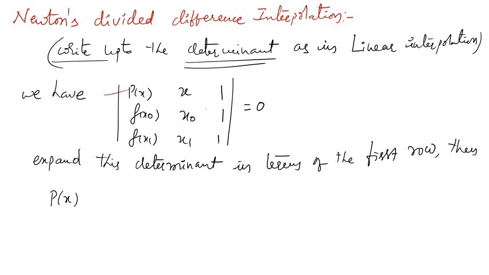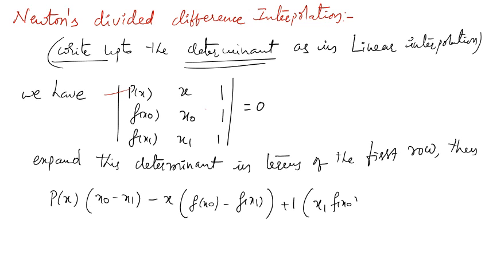P of x into x0 minus x1, minus x into f of x0 minus f of x1, plus 1 into x1 into f of x0 minus x0 into f of x1 equal to 0. The next step is to write this expression for P of x. P of x into x0 minus x1 is equal to what? You are getting what?